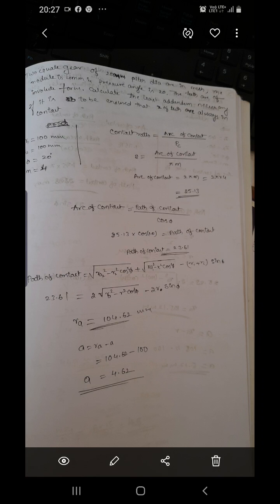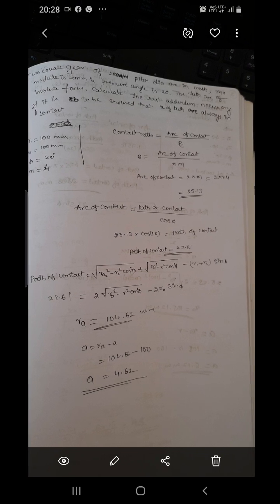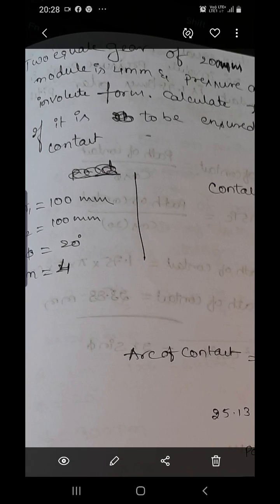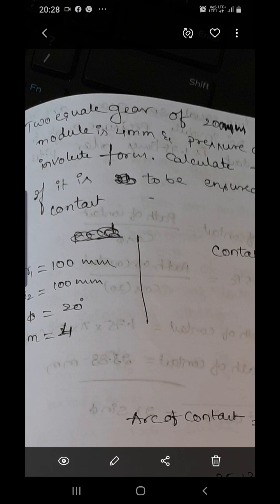In the second type, we are going to use the major formulas: path of contact, arc of contact, contact ratio, and one more, the minimum number of teeth Z to avoid interference. These are the four major formulas we are going to use, and nothing apart from this. By using these formulas, we identify the unknowns in the problem. So we will take the type 2 problem here.